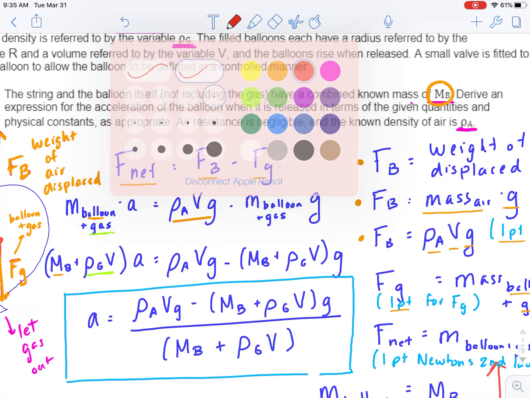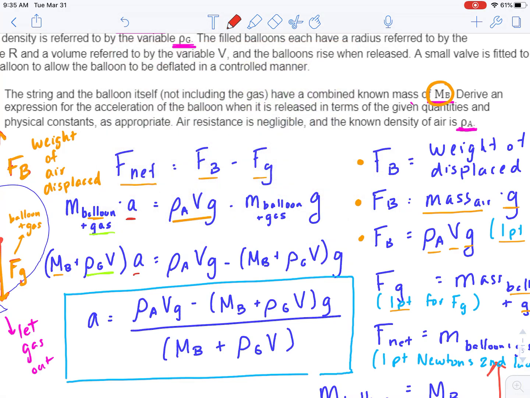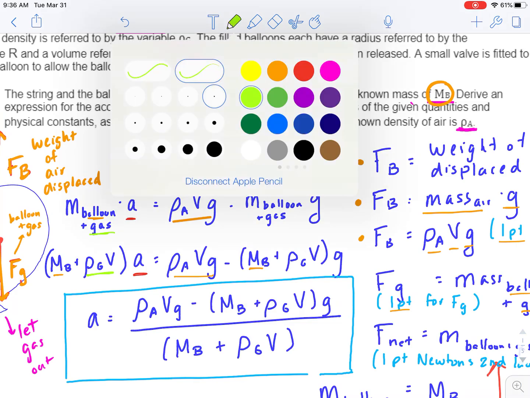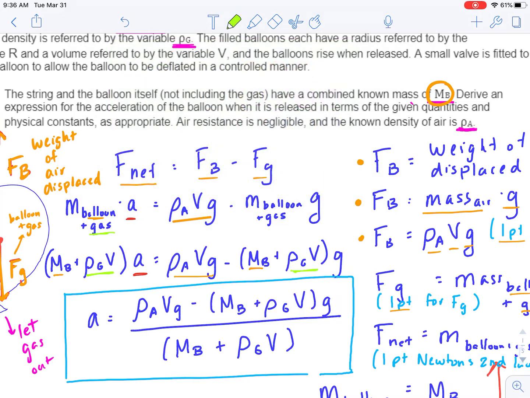And then the times acceleration. That's Newton's second law. Okay, I already had worked out this next term, so I'm just going to move on. And then for Fg, I've got the mass of the balloon plus the mass of the gas. So again, the mass of the balloon is MB, and then the gas is the density of gas times the volume.